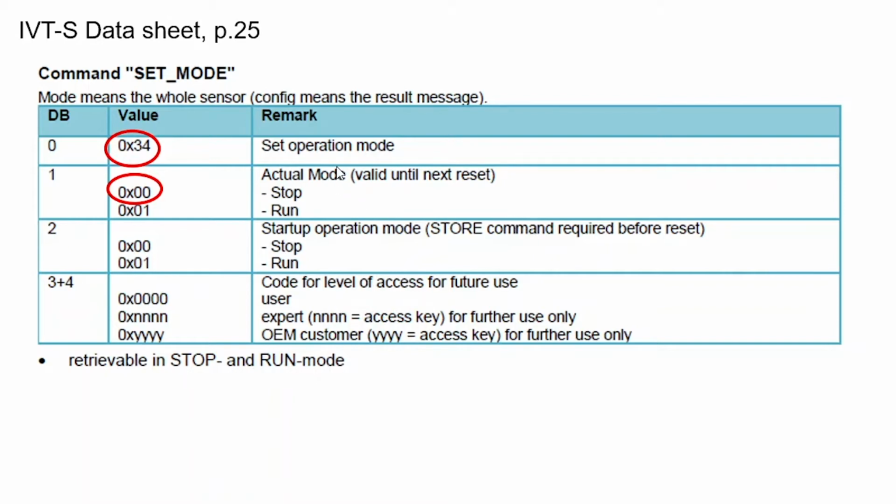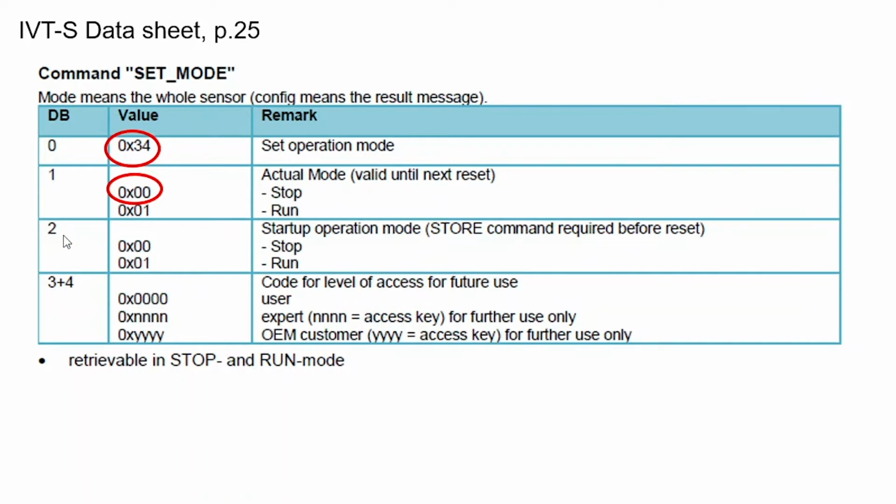Now, to set the module in stop mode, we will have to choose data byte 0 as 0x34 for the set mode message, and in data byte 1 we will choose 0x00 for the actual mode stop to set the module in stop mode.